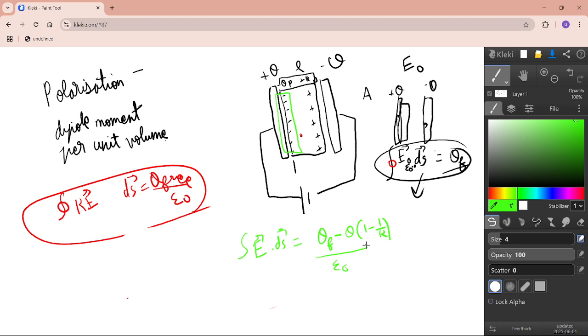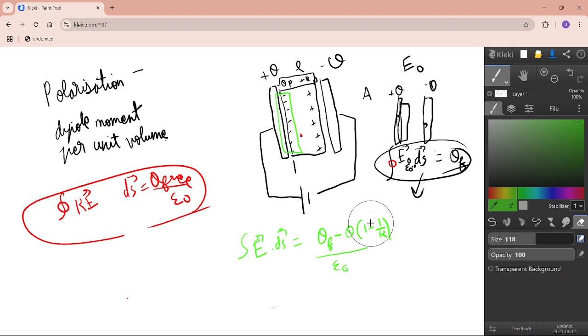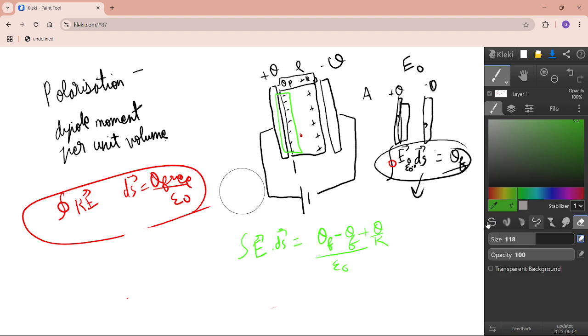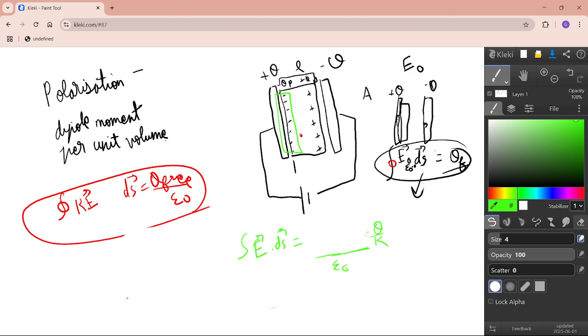We can simplify this. So it gets subtracted and the K gets on the other side. So the charge free times K dot dS. Charge free comes out. I can derive it another way too.